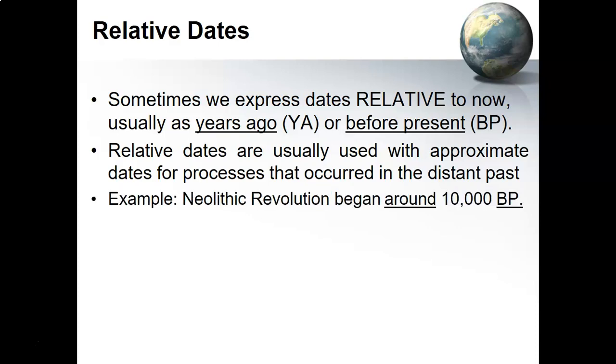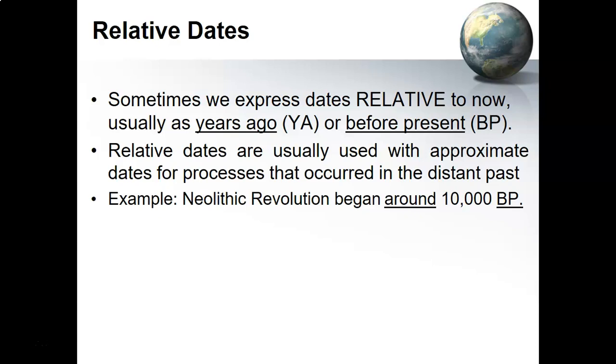So, for example, the Neolithic Revolution, when humans began domesticating plants and animals to provide food for them, and they slowly over time stopped having to constantly move to forage for their food, began around 10,000 years before present. Now notice the around, because it didn't happen overnight, and BP, before present.